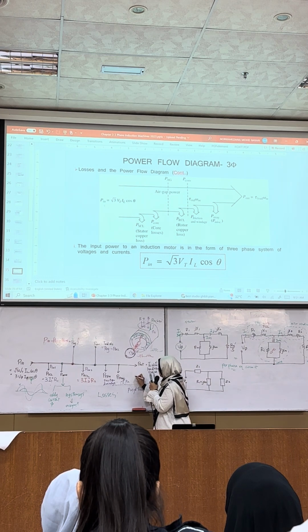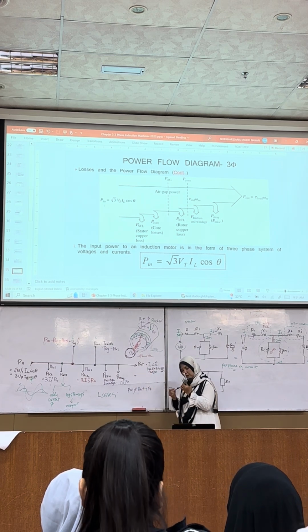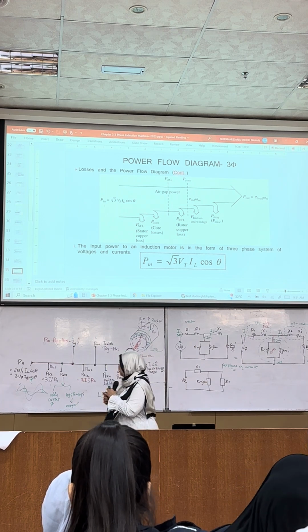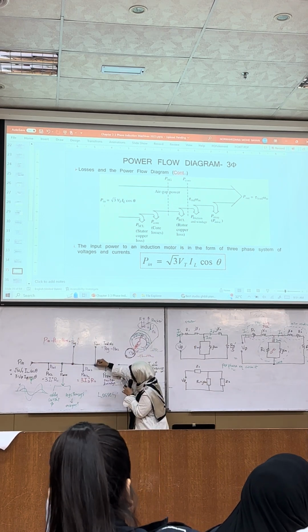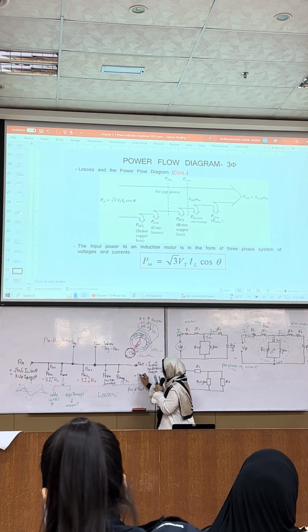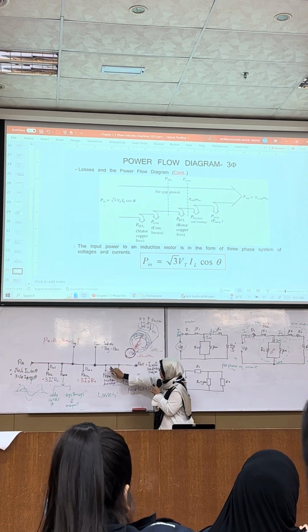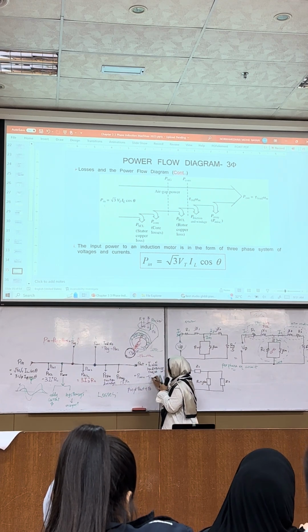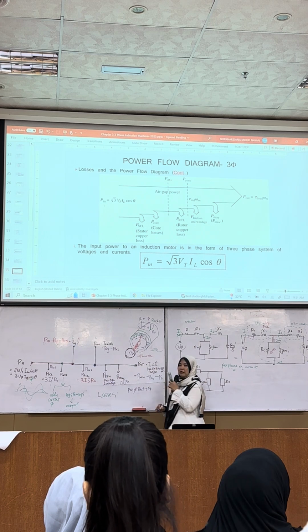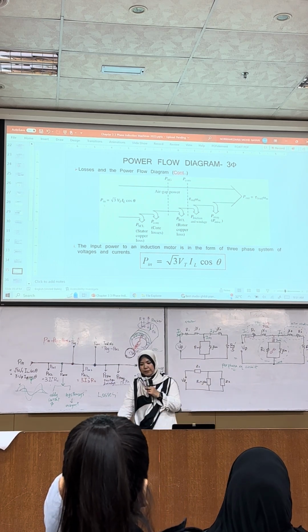We can also calculate P out by looking at this path from here to here: P converted power minus P friction and windage minus P stray.